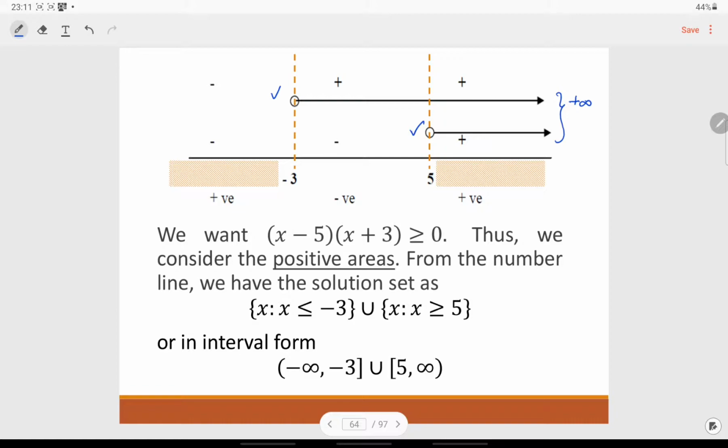Next, we consider the positive and negative values. The area without a line is represented by a negative sign. On the left hand side, this area doesn't have any line, so we have negative and negative. Because we are dealing with multiplication, a times b, negative times negative is a positive value. Now we move to the middle.